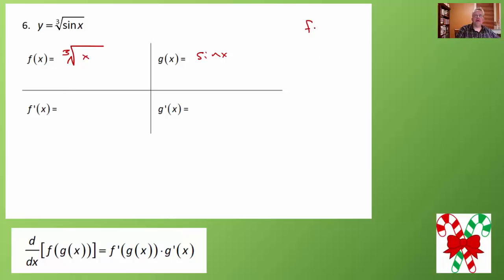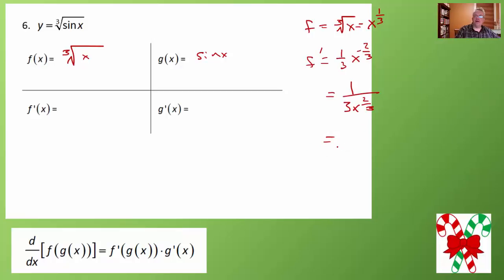We have to remember that the cube root of x is equal to x to the 1/3 power. So if I take a derivative, it'd be 1/3 x to the minus 2/3, which is 1 over 3x to the 2/3.